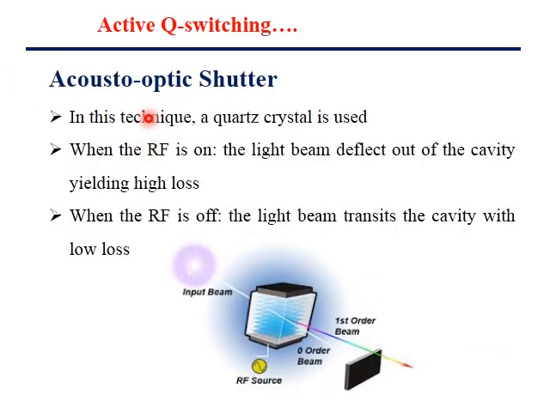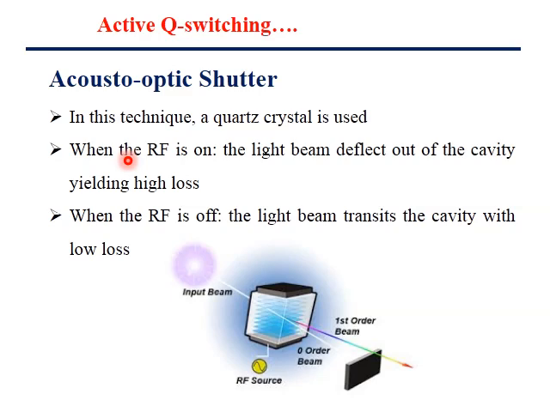Coming to the next topic, another way of obtaining active Q switching is by using an acousto-optic shutter. As the name suggests, acousto-optic. In this technique, a quartz crystal is used. Now when the RF, the radio frequency, is on, the light beam is deflected out of the cavity, yielding high loss. So this is the attenuated situation that we have.